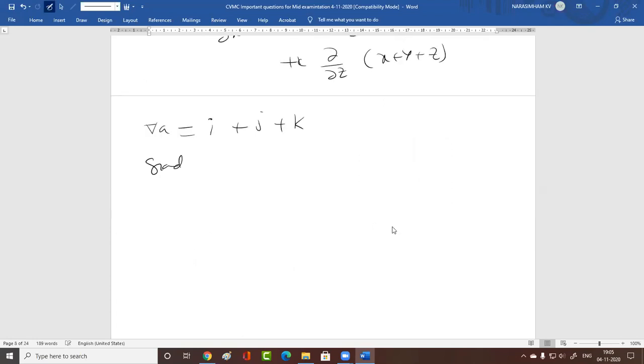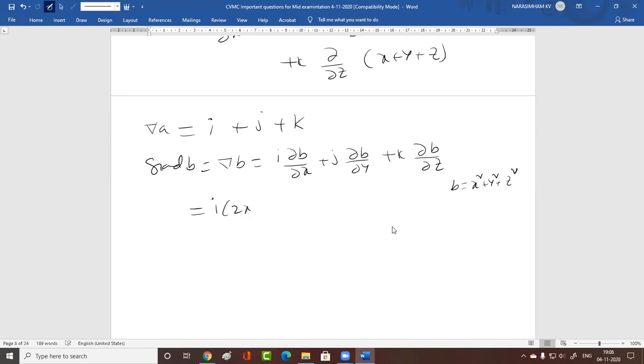Grad B equals del B equals i dou B by dou x plus j dou B by dou y plus k dou B by dou z. B equals x square plus y square plus z square. So first find the partial derivative with respect to x, that is 2x.